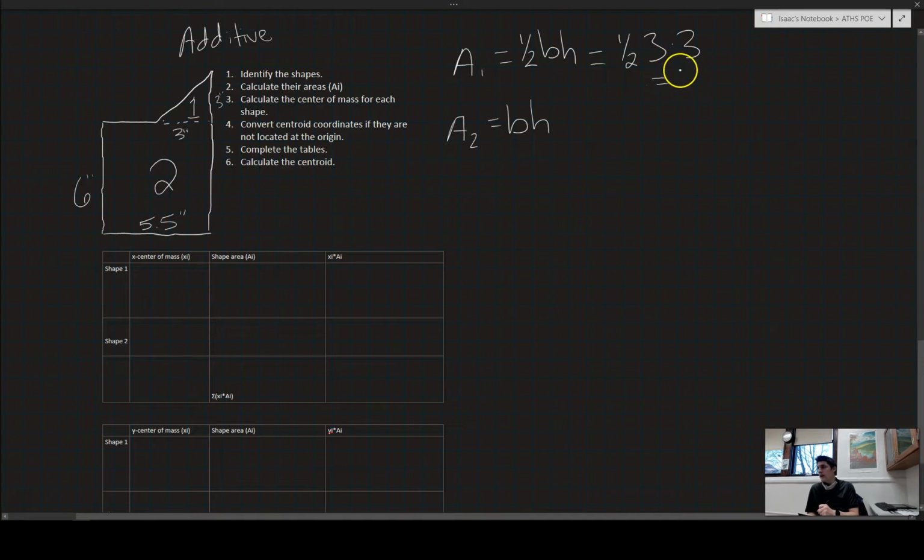Half of 9 is 4.5. So that is the area of shape 1. Our square has a base of 5.5, so 5.5 times 6 is 33.